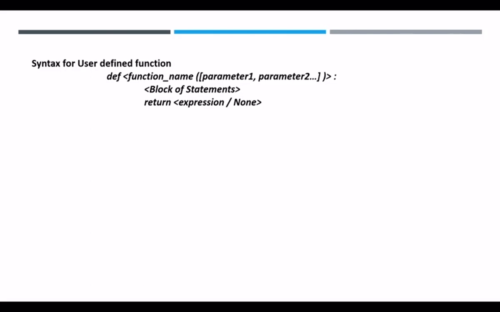Just press the tab key or press the space bar 4 times. That is indenting. So the block of statements is given after the indent. Then at the end, as we saw, a return statement should be used. So this is the proper format, or syntax, for defining a function.